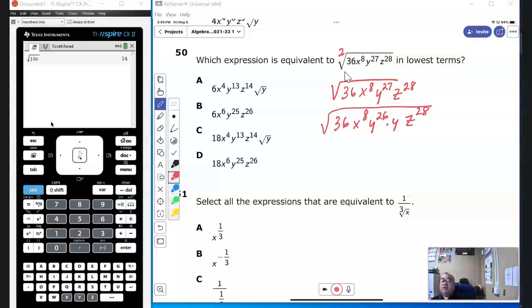Now I can find the square root of 36, which is 6. And we have x to the power 8. We know that the index is 2, so all you have to do is divide. So 8 divided by 2 is 4. So the square root of x to the 8 is x to the 4th. 26 is divisible by 2, so it's 13. So it's going to be y to the power 13.